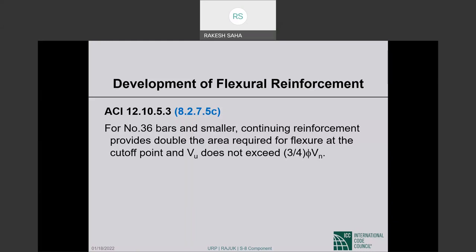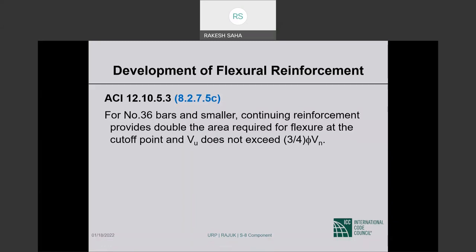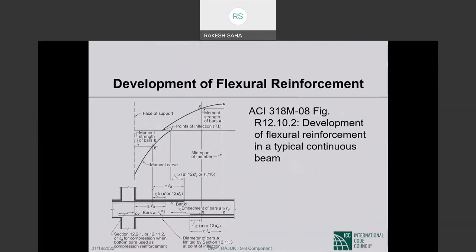Now we are requiring V sub U not to exceed 3/4 of phi times V sub N. And in addition, we are placing a limitation on bar size and are saying continuing reinforcement provides double the area required for flexure at the cutoff point. So the first of the three conditions is the simplest, and we typically go with that. That is the summary of what I'm trying to tell you.